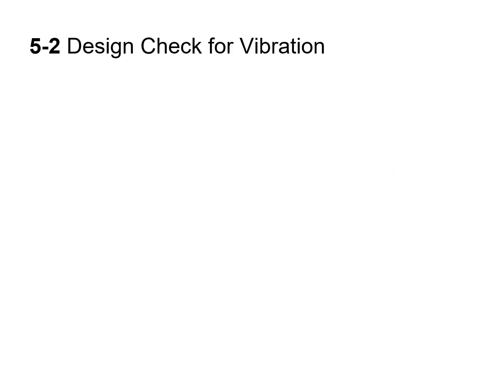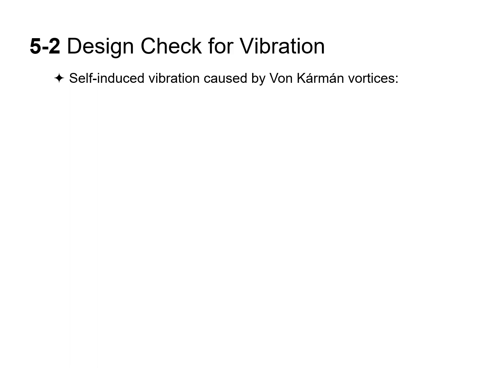Before discussing how to reduce vibration problems in steam coil air heaters, let's first explain the self-induced vibrations caused by vortex shedding. When a fluid flows around an obstacle, like a cylinder or sphere, it generates a low-pressure area behind it, known as a wake.